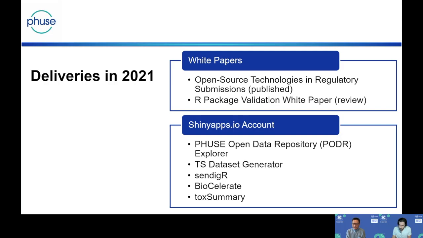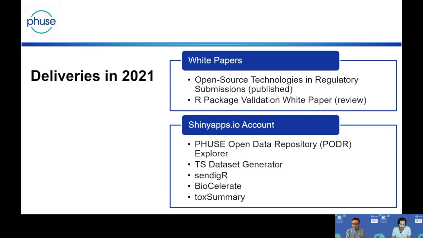The second one is a TS dataset generator, which allows you to quickly generate a simplified TS dataset. The third and the fourth applications allow you to generate synthetic data sets that can be used for clinical and non-clinical. The last one is a toxicity summary application that allows you to navigate and view toxicity summary data in R Shiny graphics.